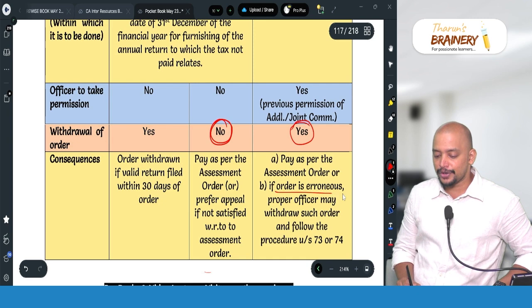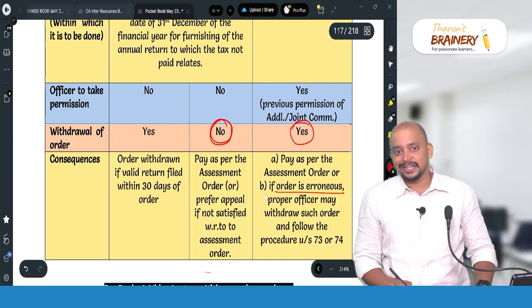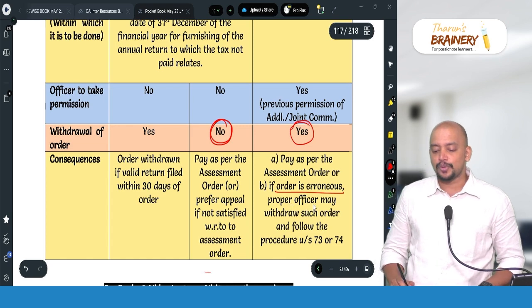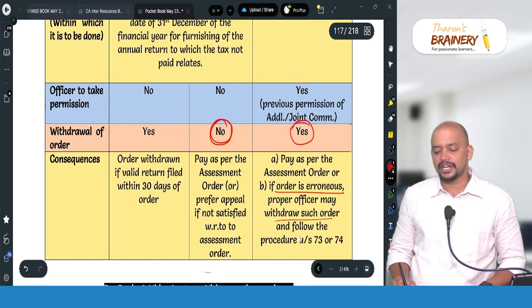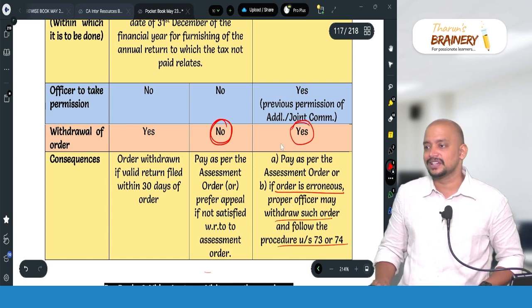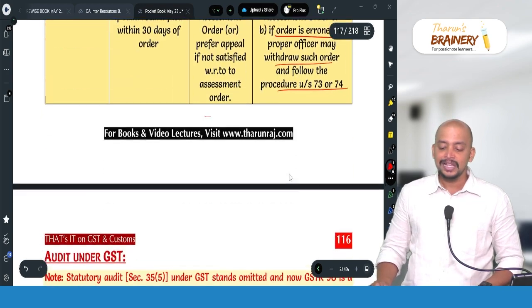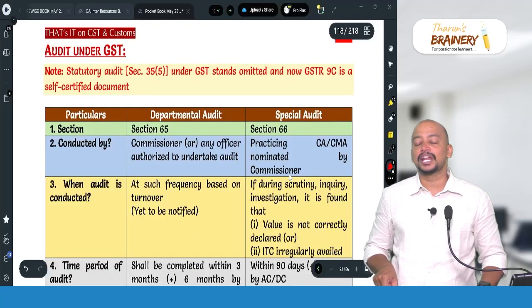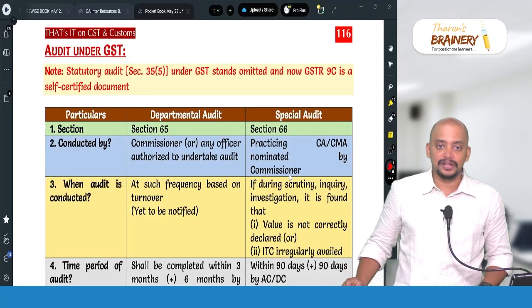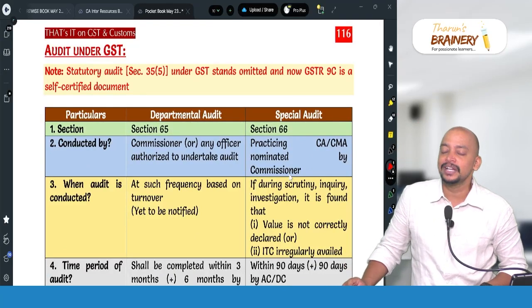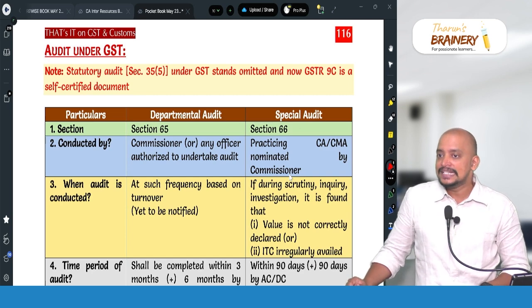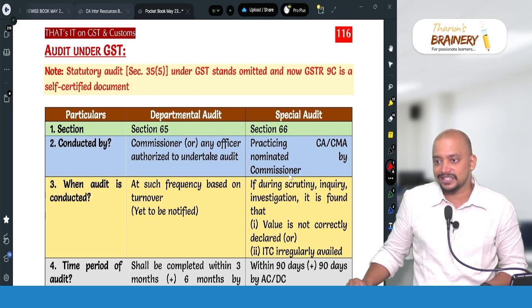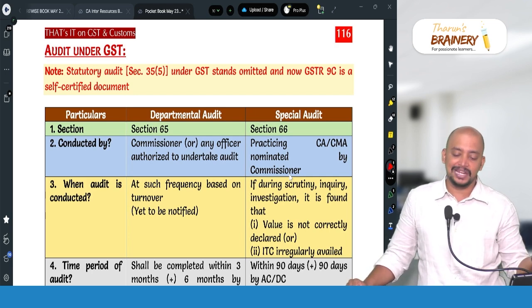If the order is erroneous, or if the person is making the payment as per the assessment order, then the proper officer may withdraw such order and follow the recovery procedure under 73-74. So that is with respect to assessment. Total 5: section 59 self assessment, 60 provisional assessment, 61 scrutiny assessment, 62 and 63 best judgment assessment, 64 summary assessment.